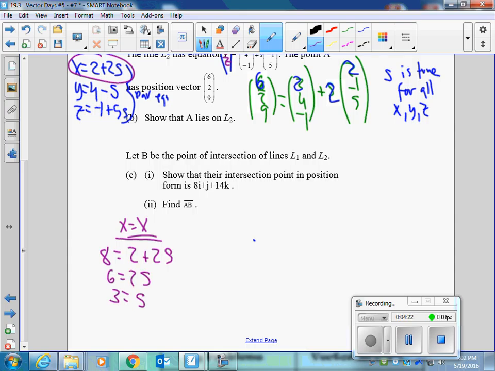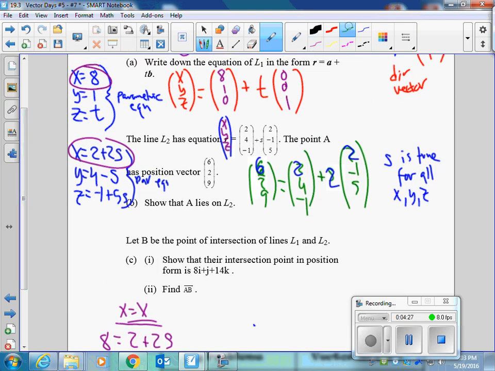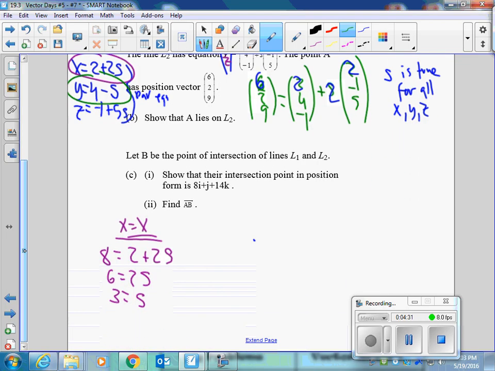Yeah. All right, let's try it for the next one. Y is equal to 1, and y is equal to 4 minus s. So if y is equal to y, then 1 is equal to 4 minus s. So s plus 1 equals 4. Oh, s is equal to 3 again.